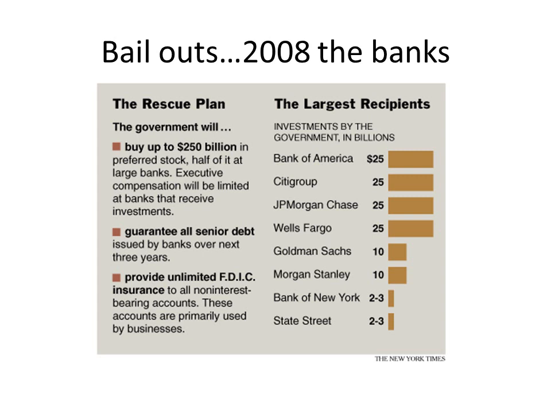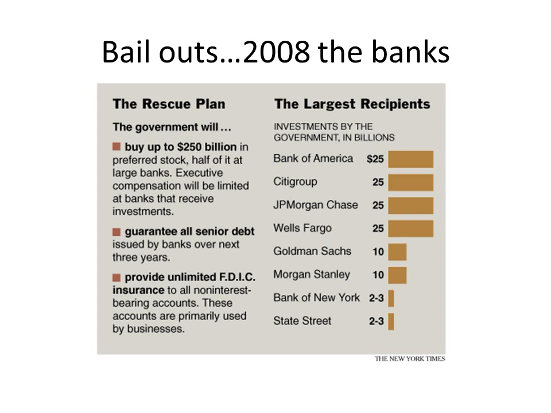Now, this was a key thing. Executive compensation was limited at the banks that received these investments. And we also, remember, that we as society provided FDIC insurance to all non-interest bearing accounts. And non-interest bearing accounts are usually used by businesses. Okay?